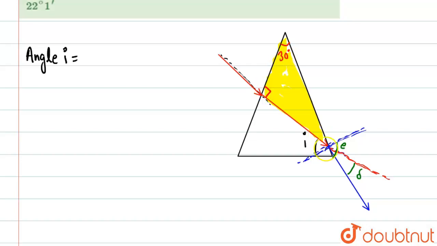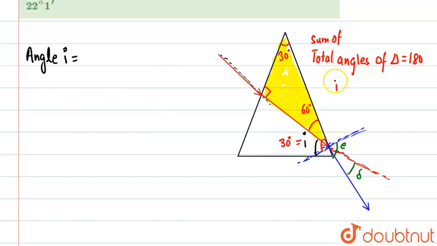This is 30 degrees, that means this angle becomes 60 degrees, because the sum of the angles of a triangle is equal to 180. Since this whole is a perpendicular angle, I plus 60 must be equal to 90. So I will come out to be 30 degrees. The incident angle came out to be 30 degrees.